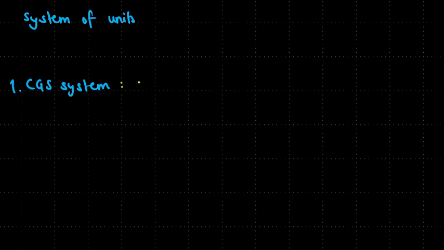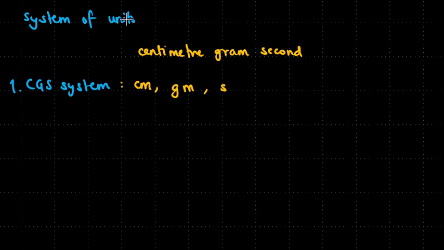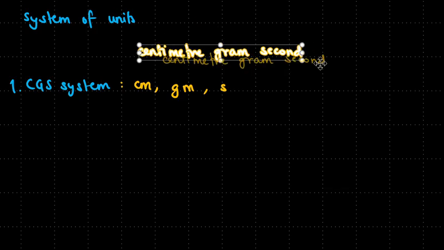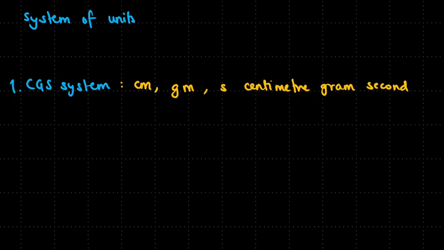The CGS system uses centimeter, gram, and second. The full forms you can also write out: centimeter, gram, and second. It's not necessary to write them out, but I'm still going to write them in case you need it. The short forms are there, and the full forms are here.